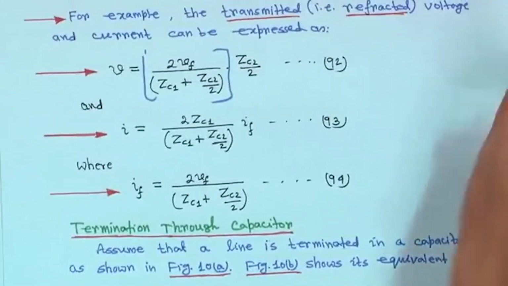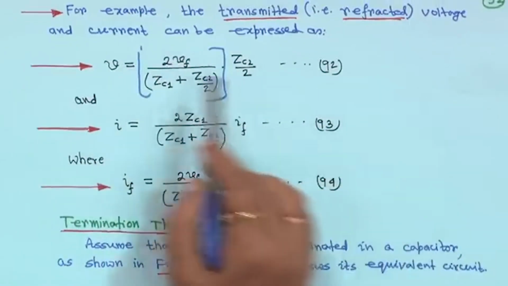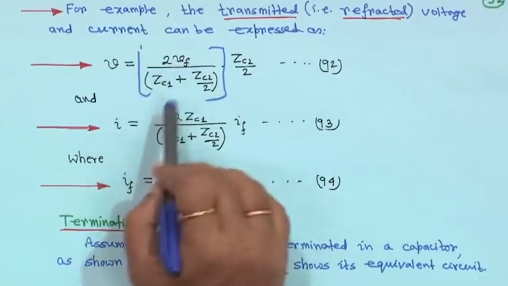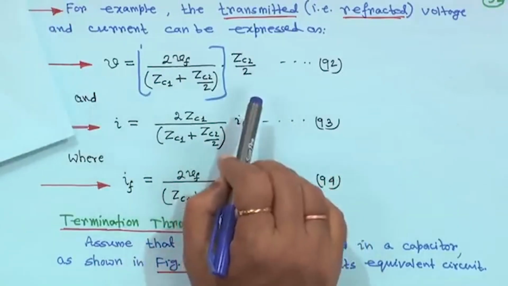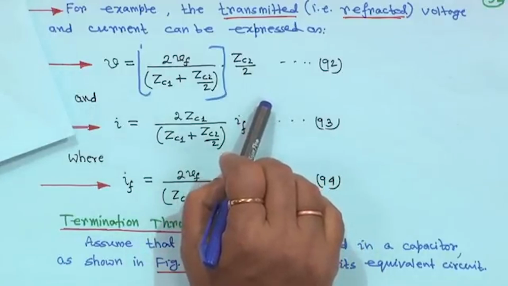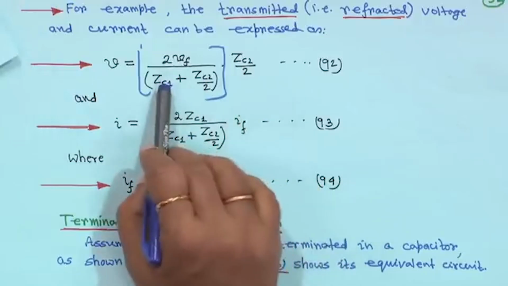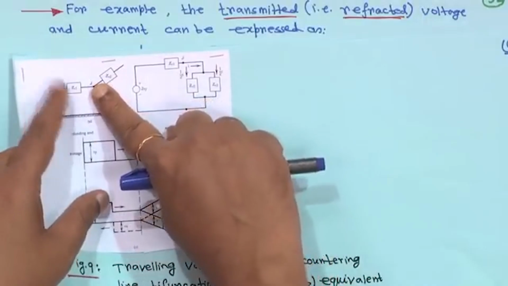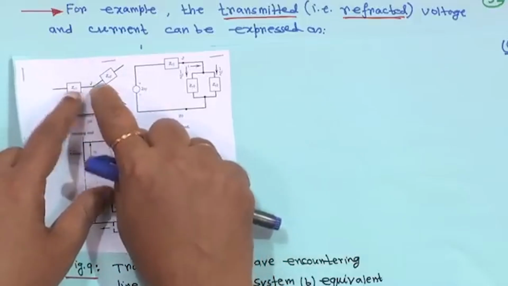If we do so, the transmitted or refracted voltage and current can be expressed as in the previous expressions. Just now we have seen that V was 2 Vf upon ZC1 plus ZC2, into ZC2. That was for a line with ZC1 on one side and ZC2 on the other. Now the line is bifurcated into parallel lines. ZC1 remains the same; earlier there were only two lines joined at the junction, maybe two overhead lines, or one cable and one overhead line.